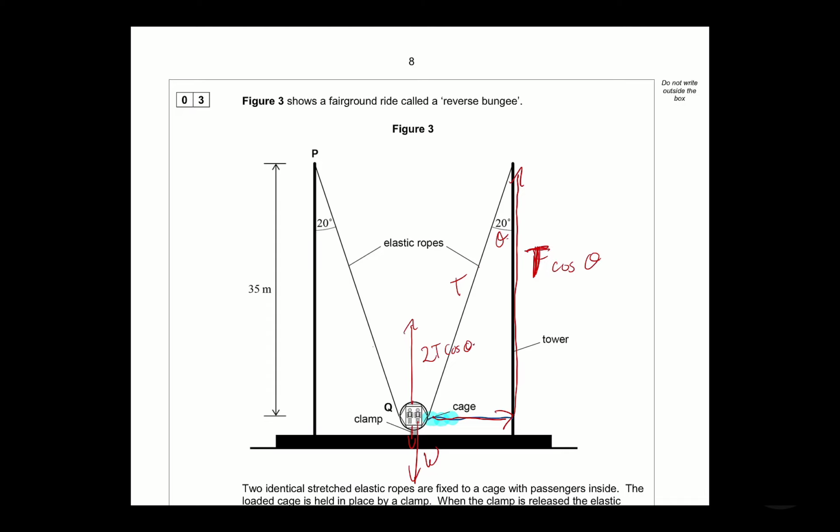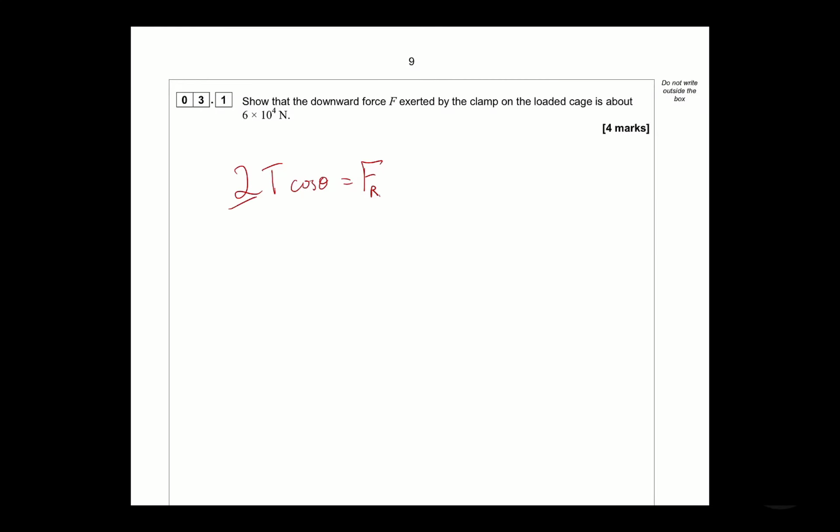So, a couple of places that we could easily have made a mistake. One, forgetting to double the tension because there's two ropes. Using sine instead of cos theta. And forgetting the fact that there is a weight. So the force that we want is going to be equal to 2T cos theta minus m times g.